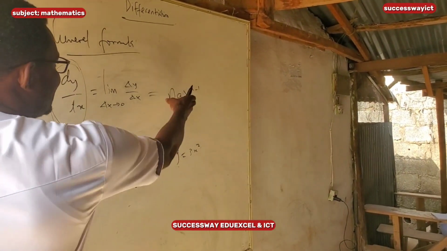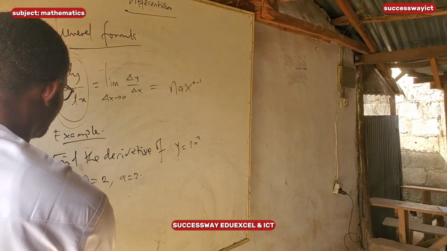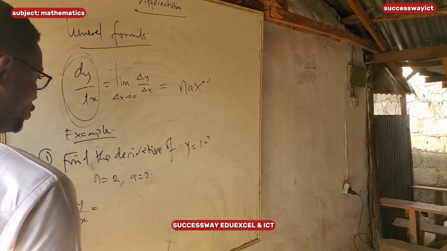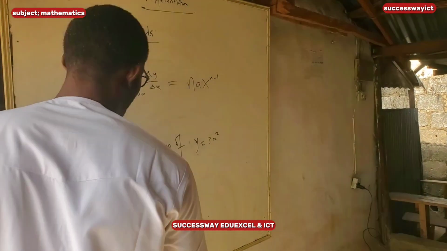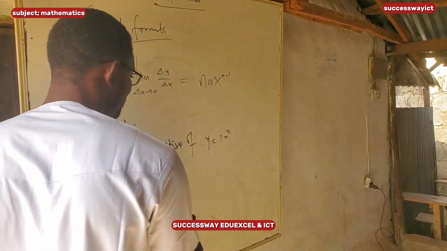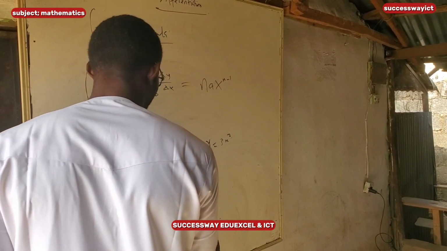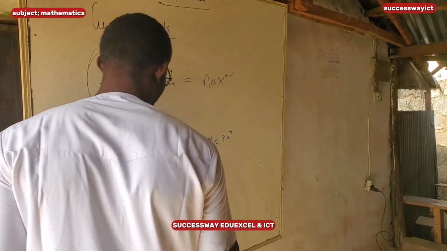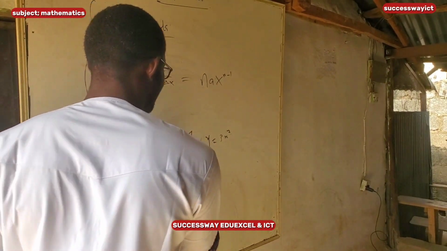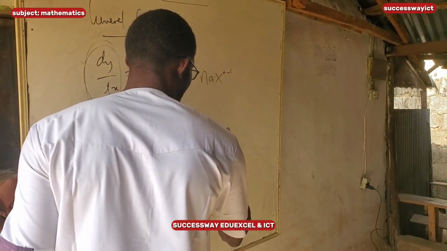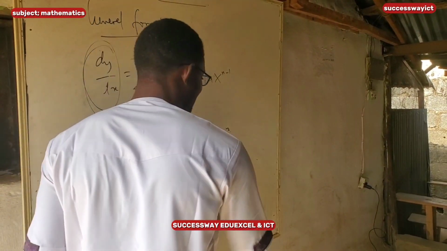So if you are to apply this guy here to solve for this, you now have dy dx is equal to n a x to the n minus 1, which is equal to, your n is equal to what? 2 multiplied by, your a is what? 3 multiplied by x, the independent variable, raised to the power of n, which is what? Minus 1.